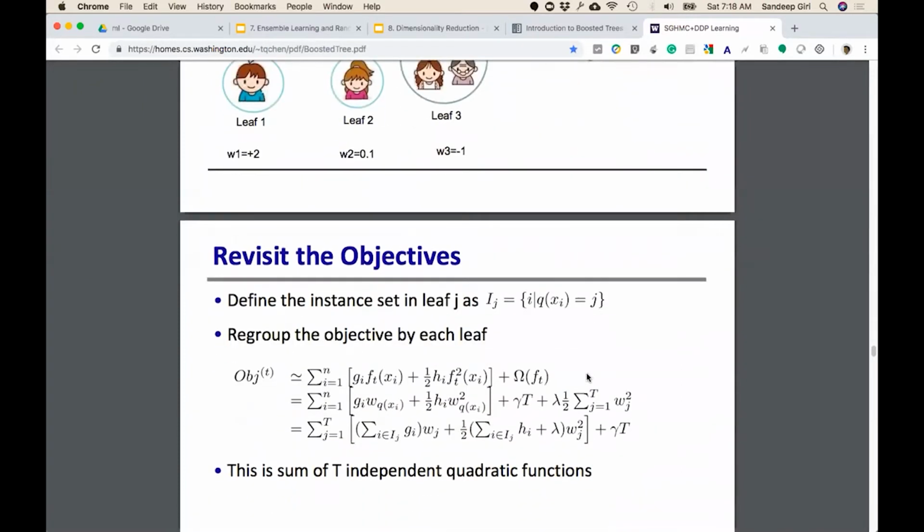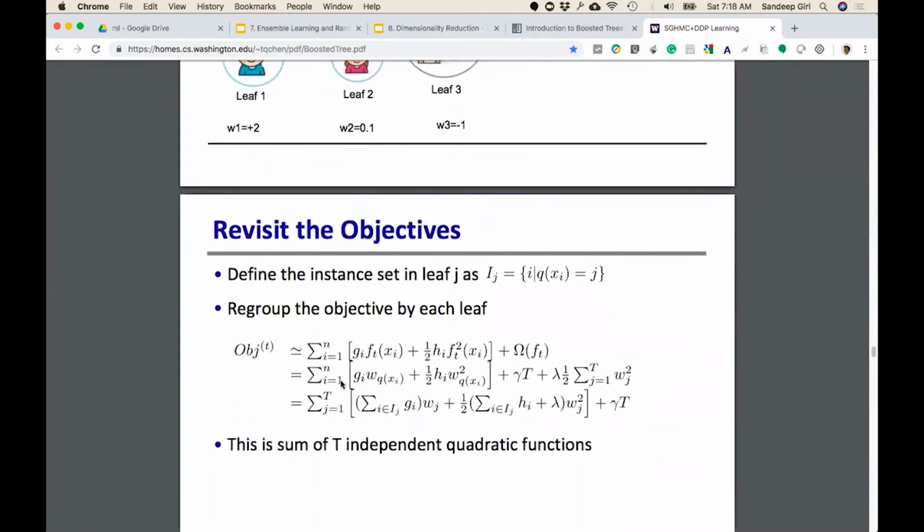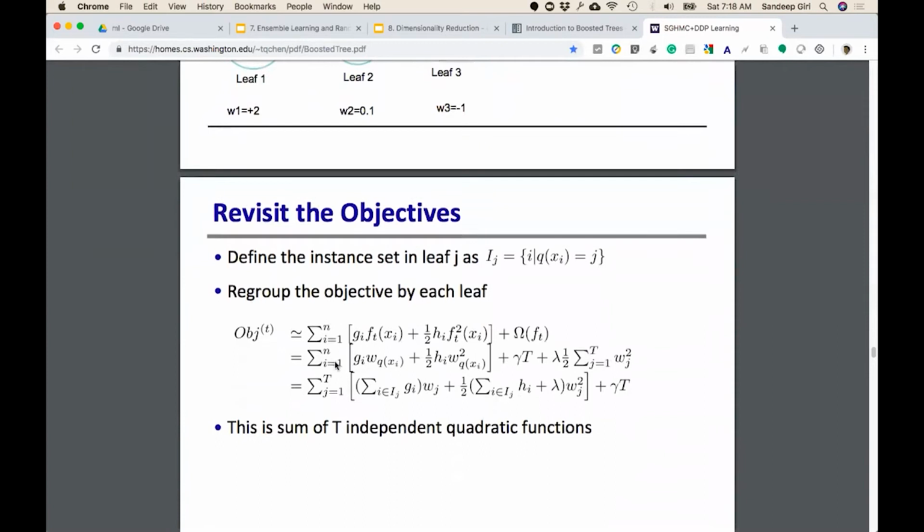Now, this is the final objective that we got here. We are saying that from 1 to n, this is what it is, and this is from 1 to all the leaves. Here you could always reorganize it.